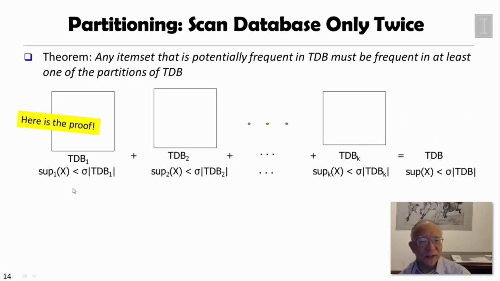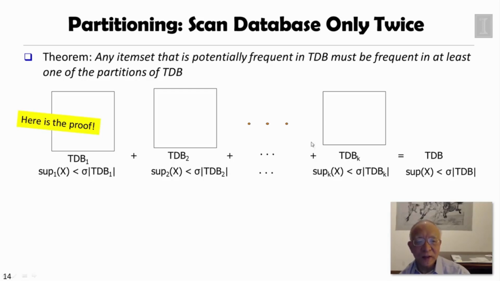If X is not frequent in the first one, not frequent in the second one, not frequent in the K-th one, then you add all these supports together and you get the global support. You add all these databases together and you get the global database. If every partition's support is smaller than sigma times its size, then the global support will also be smaller than sigma times the size of the global database.